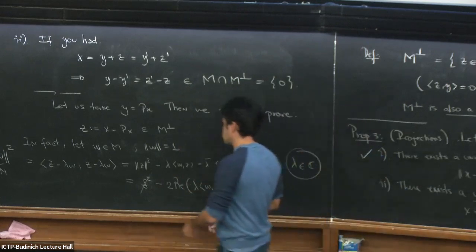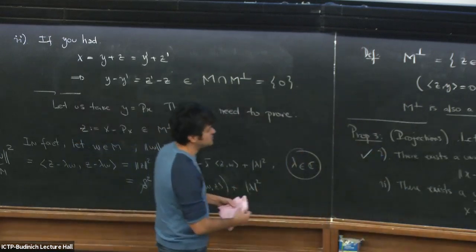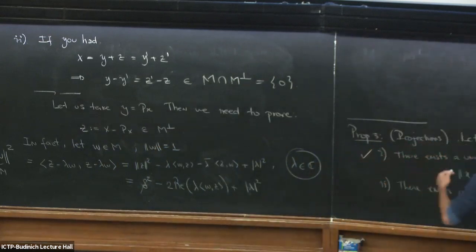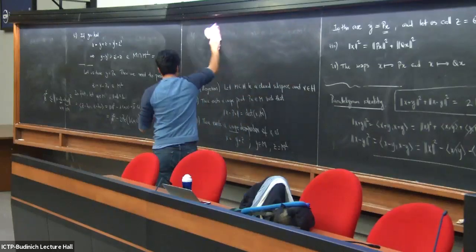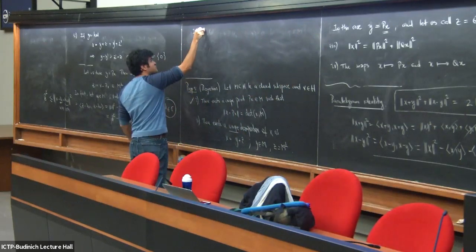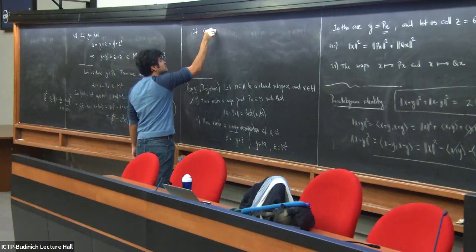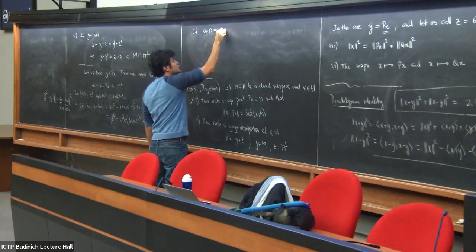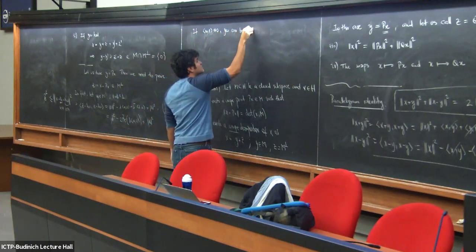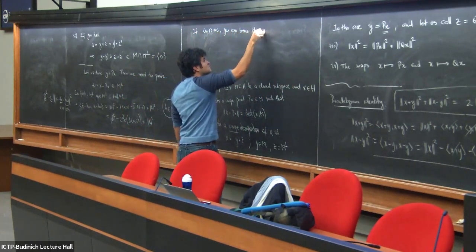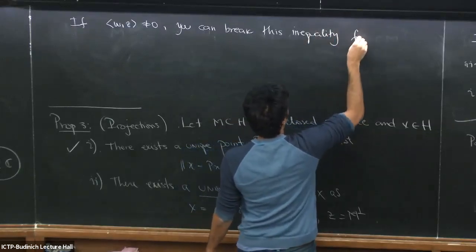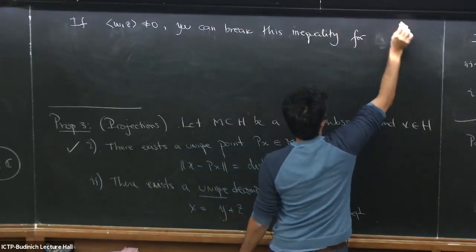So this is the argument to show that this is true. So if the inner product of W with Z is not 0, you can break this inequality for lambda small.